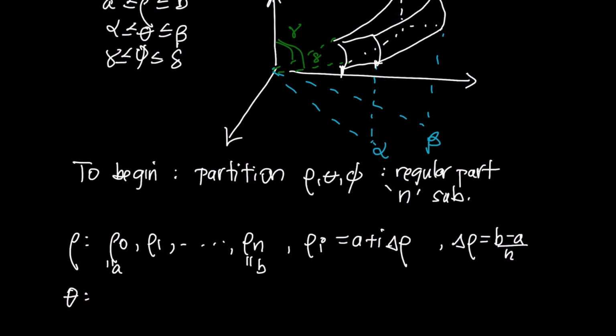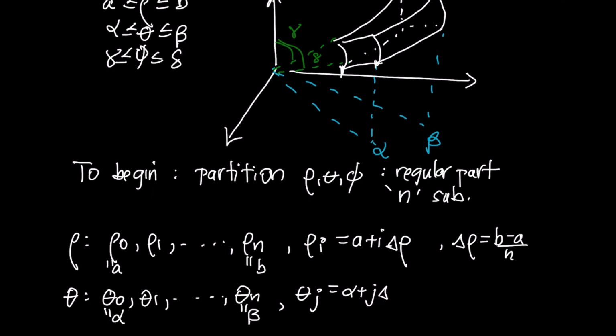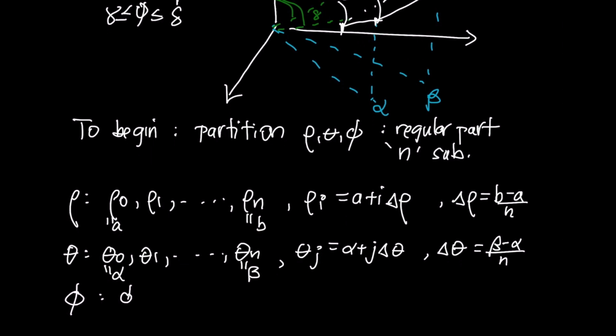Our theta variable will be partitioned from theta naught, which is alpha, theta 1, all the way down to theta n, which is beta. Our theta variable will be indexed on j, alpha plus j delta theta, and delta theta is beta minus alpha over n. And finally, our phi variable will be partitioned phi naught, phi 1, where phi naught is gamma, all the way down to phi n, where this is delta.